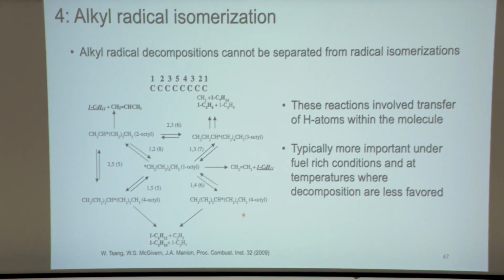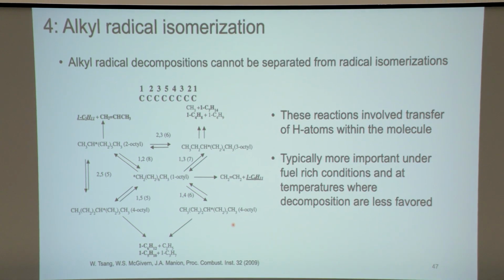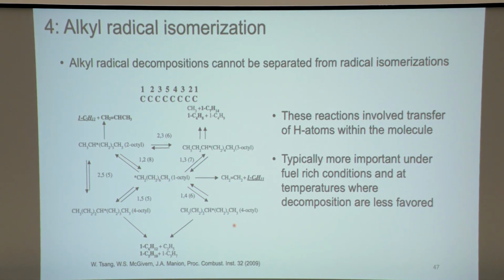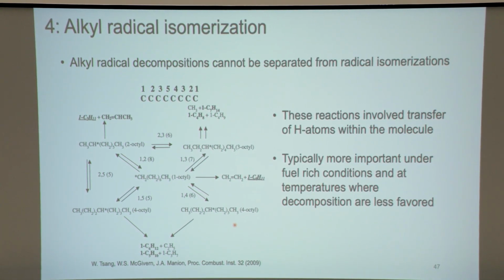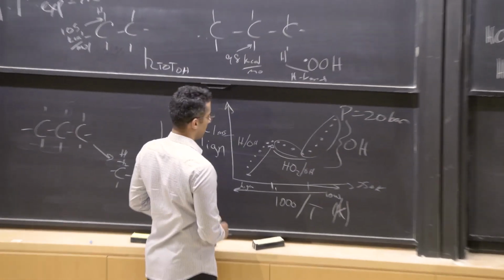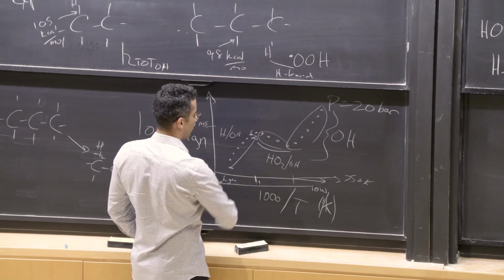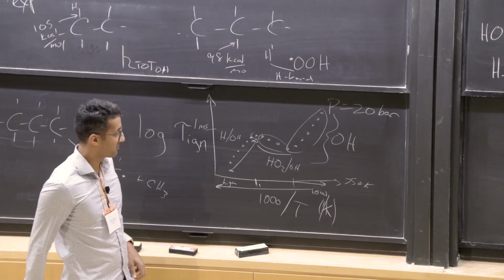All right, and then in addition to decomposition of the alkyl radical, there's one other complication. The alkyl radical can also isomerize. So there's another class of reactions one has to consider. And what happens is, for this radical to break, it typically requires about 1,000 degrees Kelvin for those CC bonds to break.